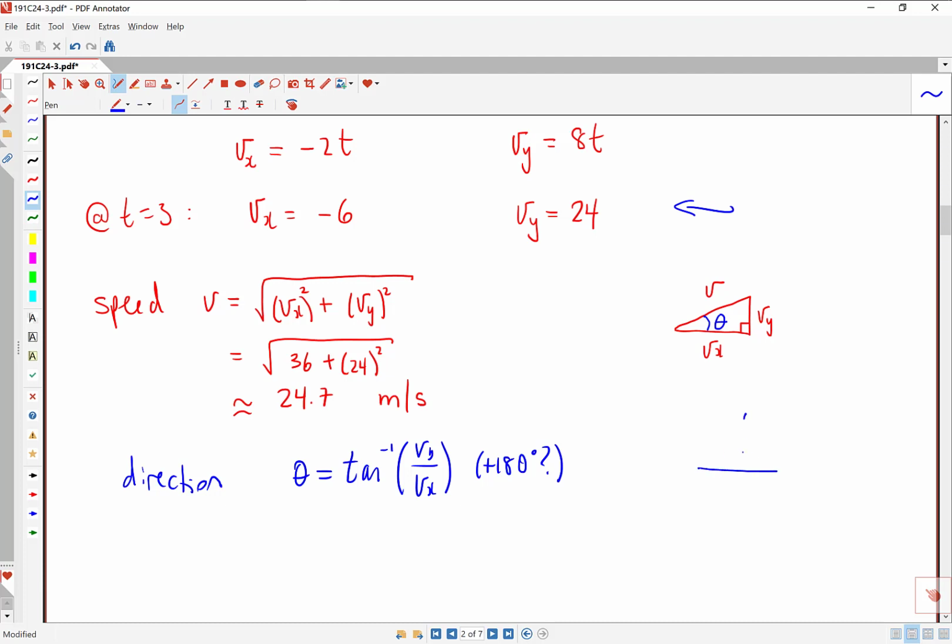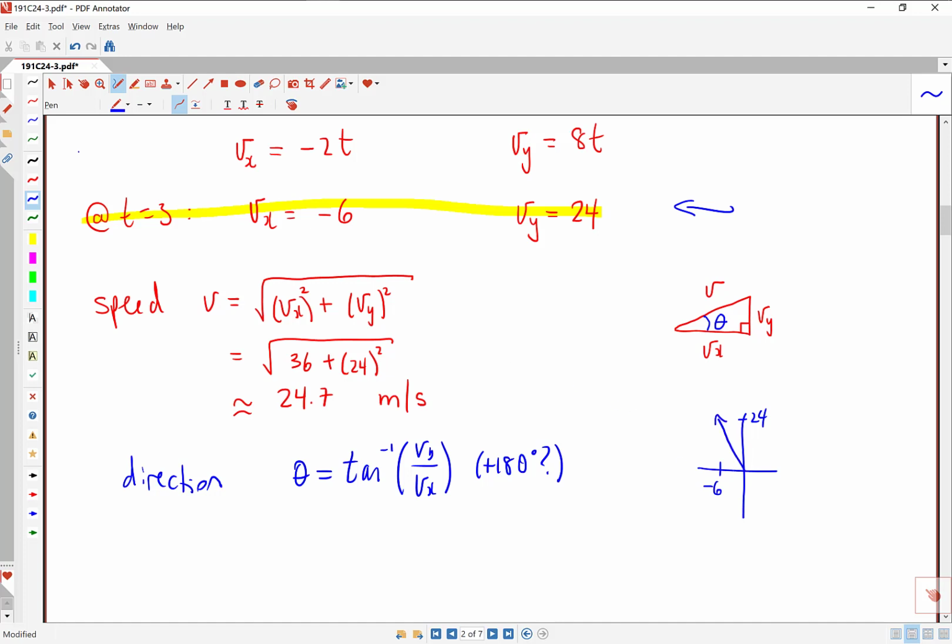Okay, so at t equal 3, we said we're just looking at this line here. At t equal 3, our horizontal velocity was -6, and our vertical velocity was 24. So that tells us that our object is actually moving this way.